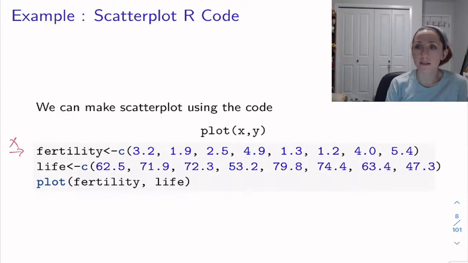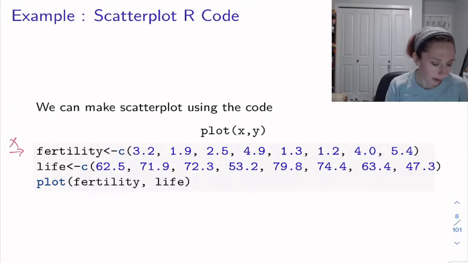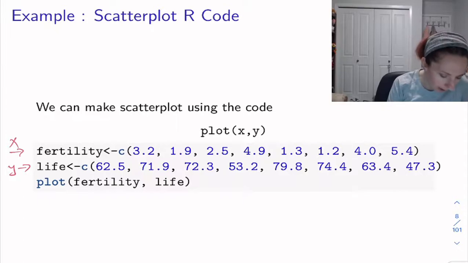Then notice, because it's a vector, it's a string of a single variable's worth of data. I use the c() command to create a vector for a single string of data. And then I do the same thing for life, my y. I use the c() command for the vector to make that single variable's worth of data. And then I use plot, comma, x, y.